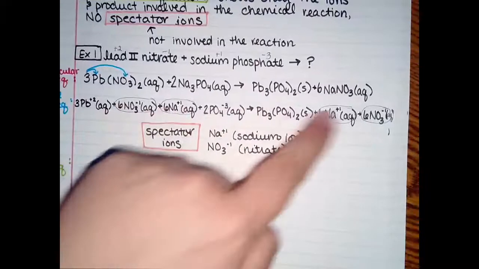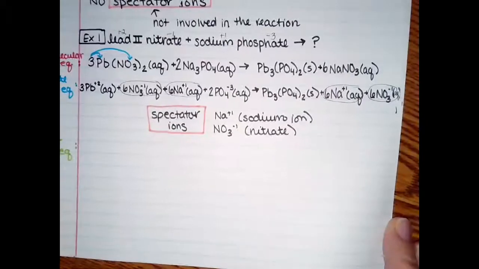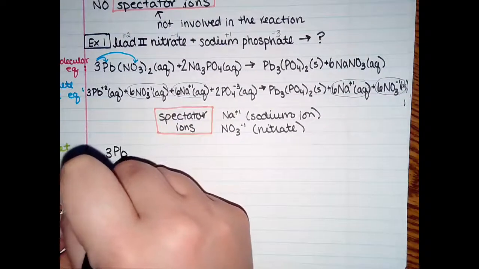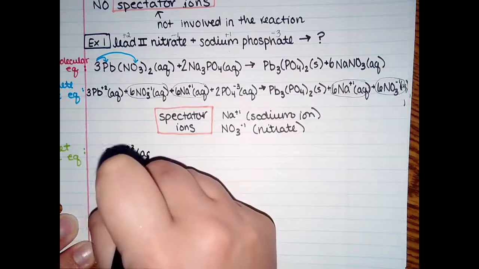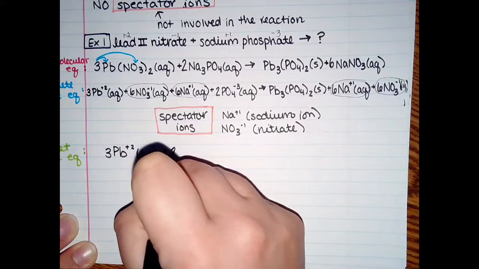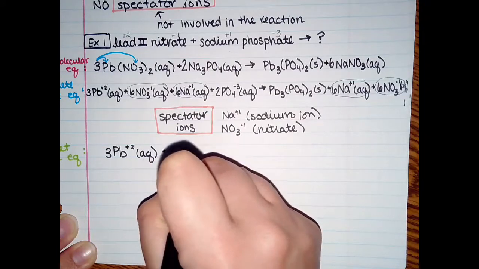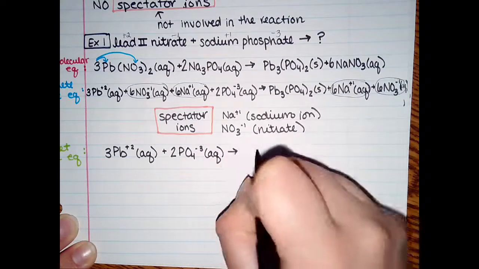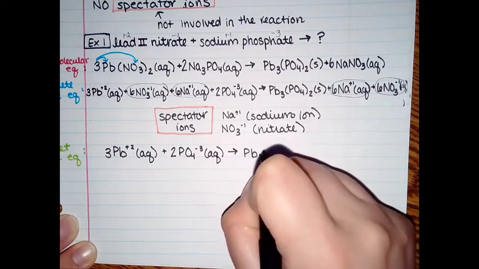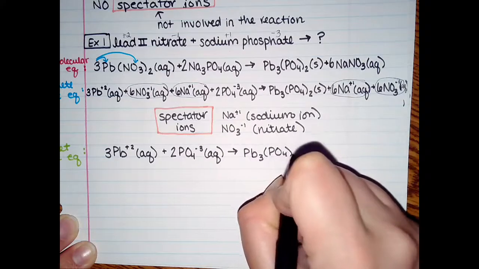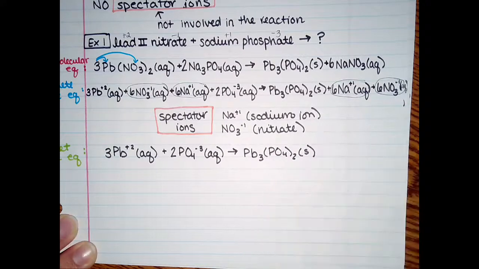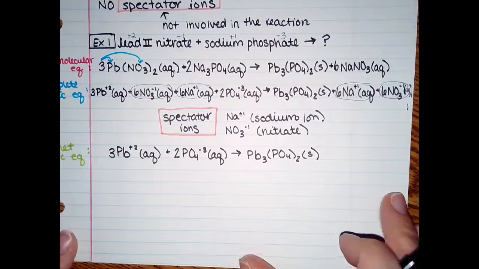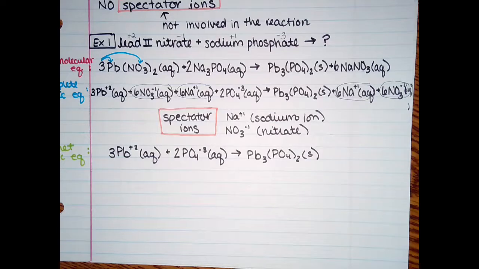So if I didn't circle it, I'm not going to include it. That is the net ionic equation.